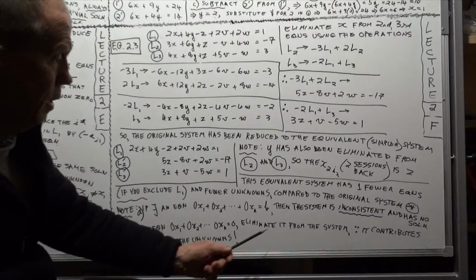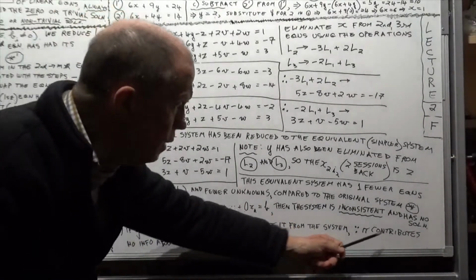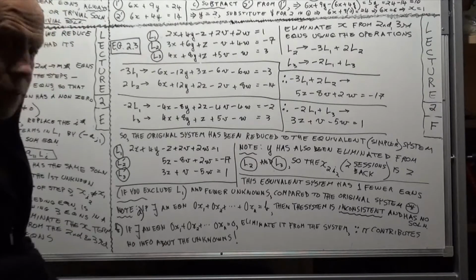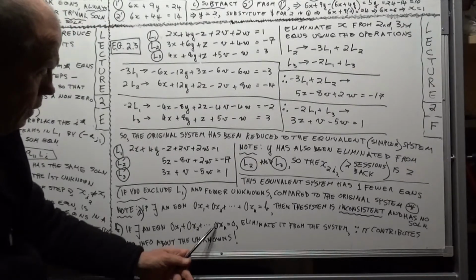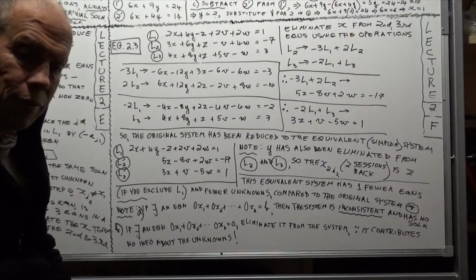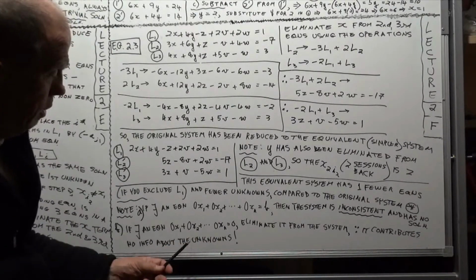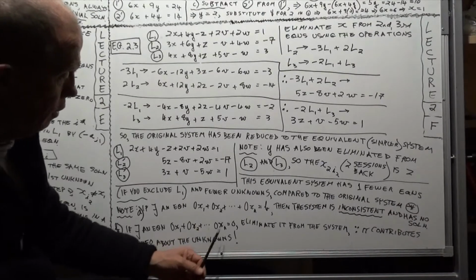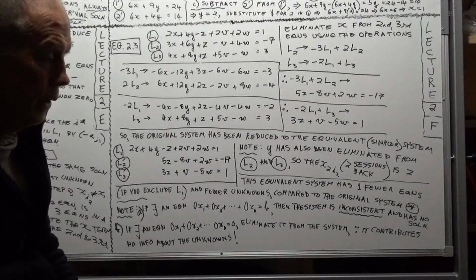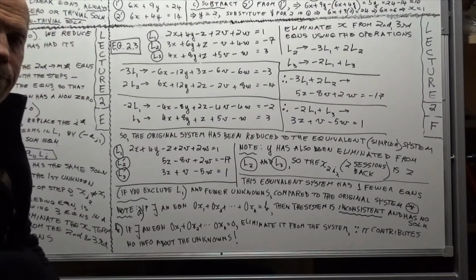You just eliminate it from the system, because it contributes no information about the unknowns. If you have all zeros here, then these x's can be anything, and that's not very interesting. So when you end up with an equation of the form 0 equals 0, throw it out. It's not useful. Okay? Stop there.